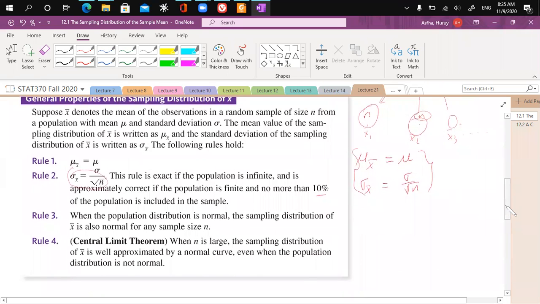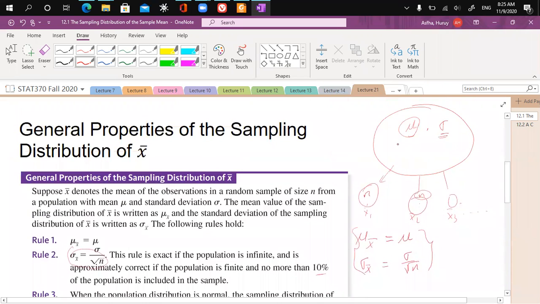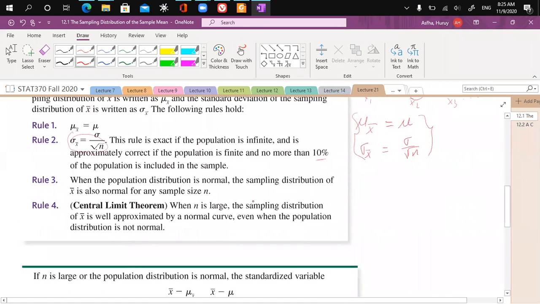But what if the original data was not normally distributed? Well, now we need to have this restriction. We need to have a large sample. Instead of n being any number, we need n to be large. And by large here, we mean greater than or equal to 30.